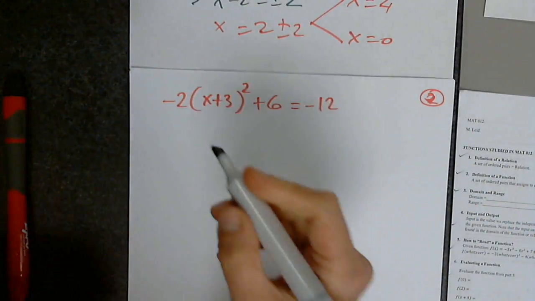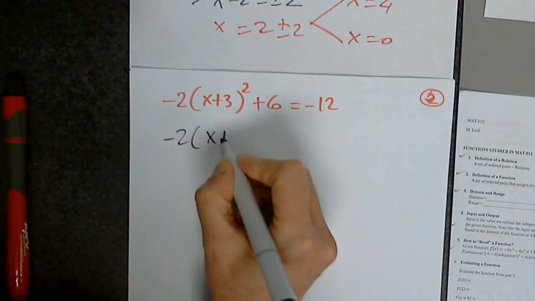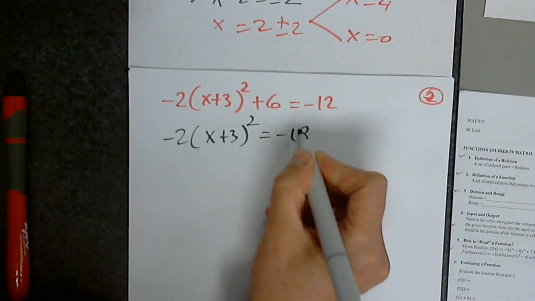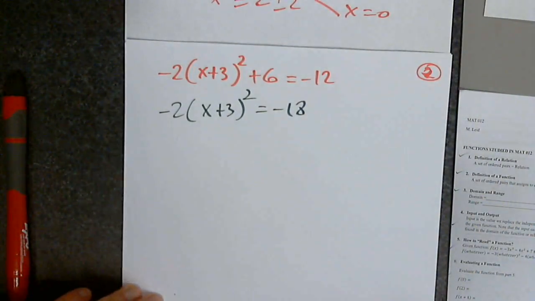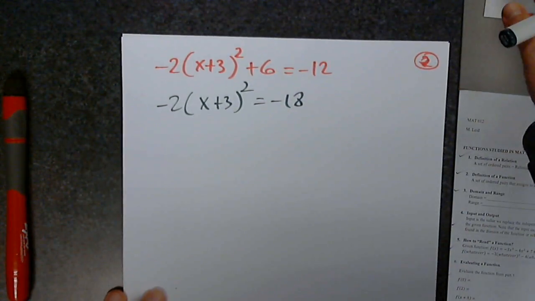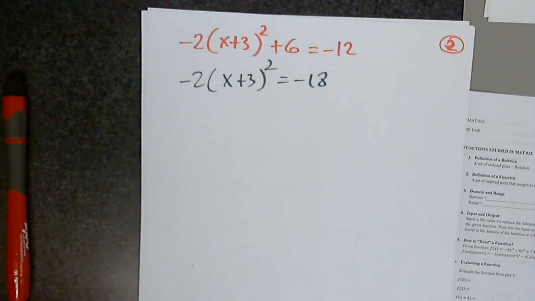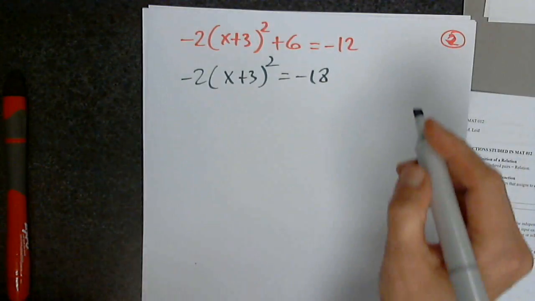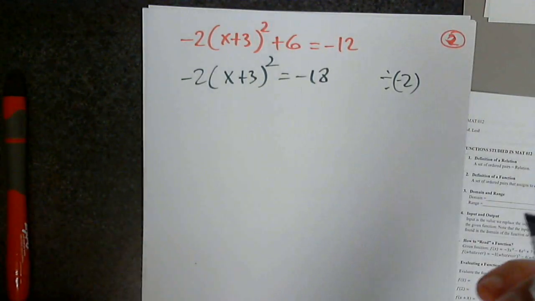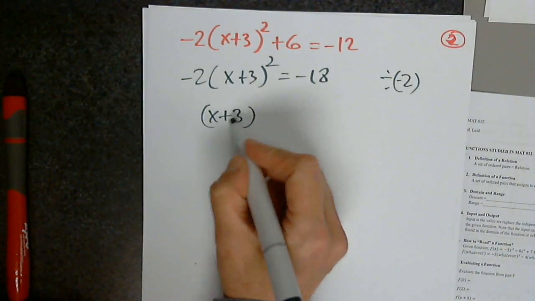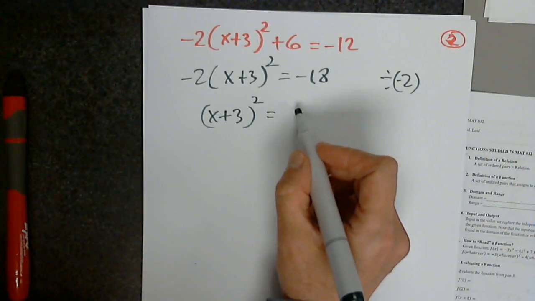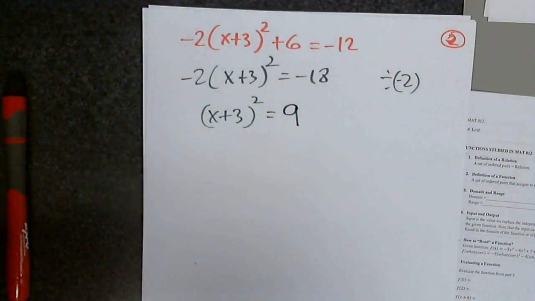Of course. Very good. So I have negative 2 times (x plus 3) squared equals negative 18, obviously. After that, I still have one more step to clean it up. Exactly. I have to divide by negative 2. So I have (x plus 3) squared equals 9.